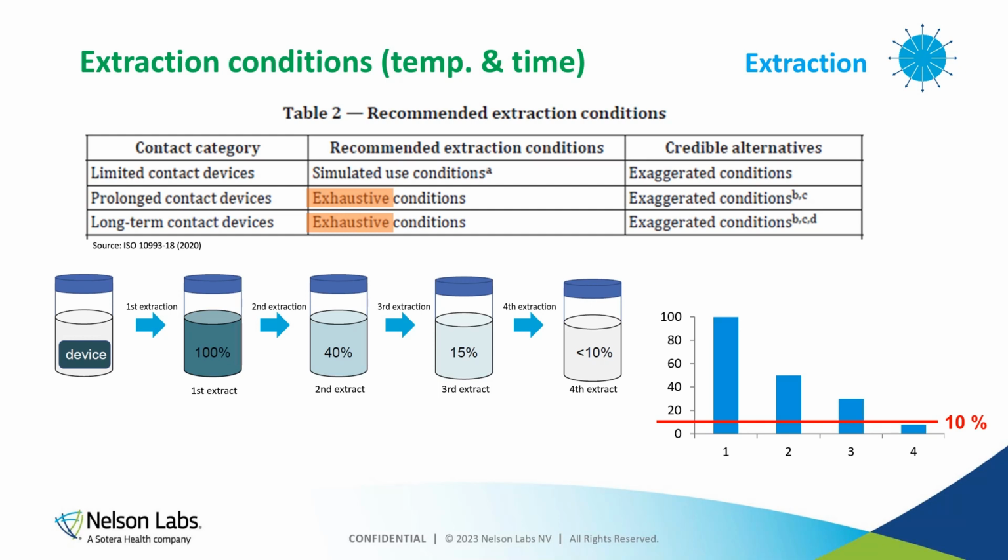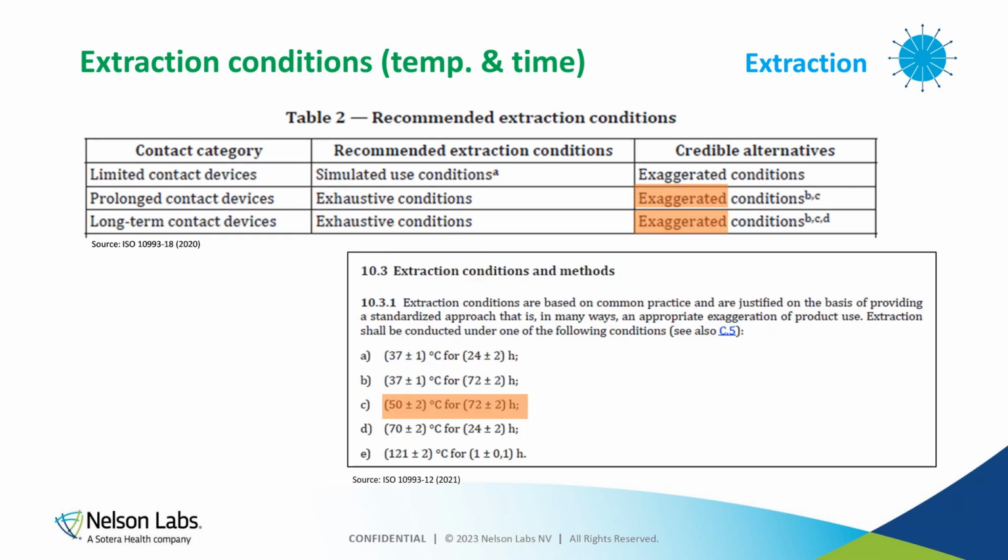So in this example, you need to exhaustively extract for 96 hours. And then credible alternatives are applying exaggerated extraction conditions. Now, 50 degrees Celsius at 72 hours is an often applied exaggerated extraction condition.